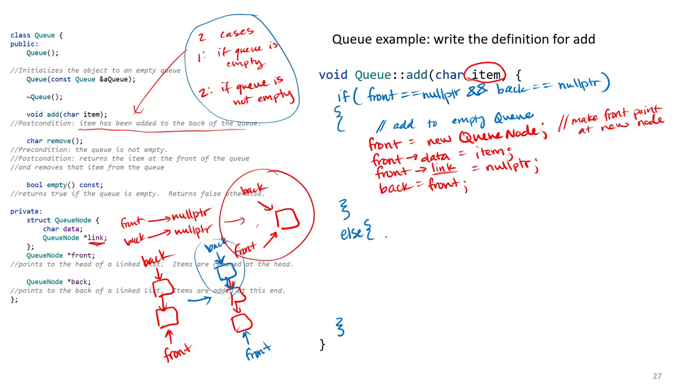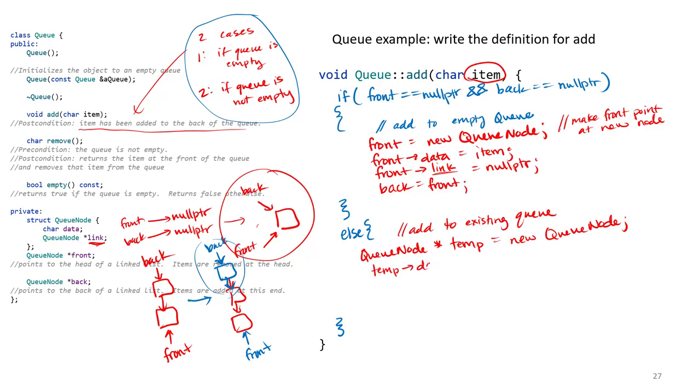So if we want to add to an existing queue, we'll need to declare a temporary pointer. And we can make that temporary pointer point to a new queue node. And then, like before, we need to actually update the data inside that new node.